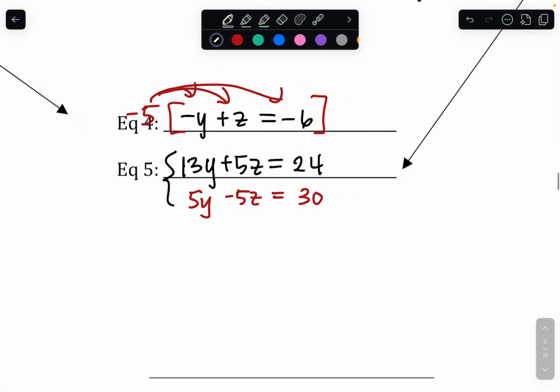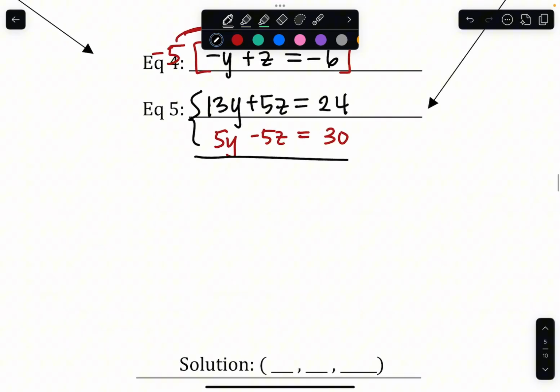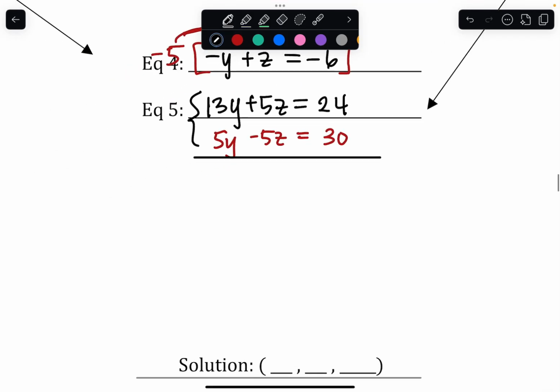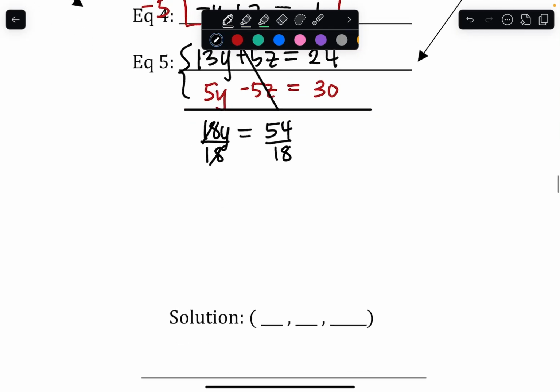And so now when I add the equations together, the z's cancel, leaving me with 18y equals 54. Divide both sides by 18, and we get y equals 3.